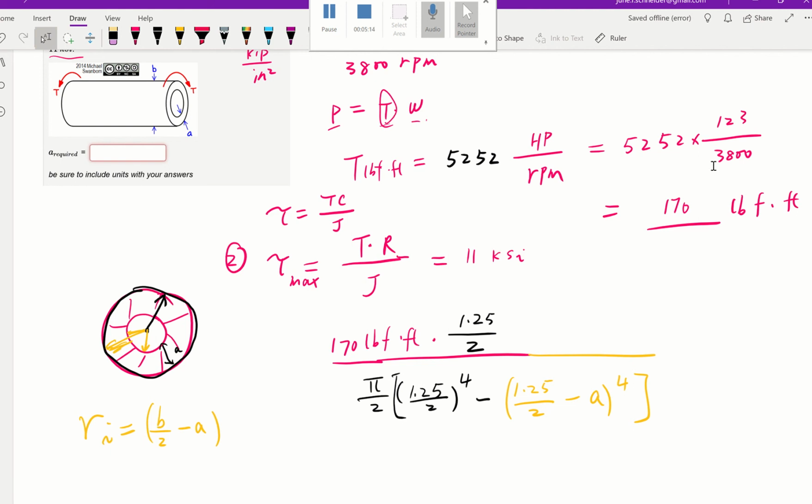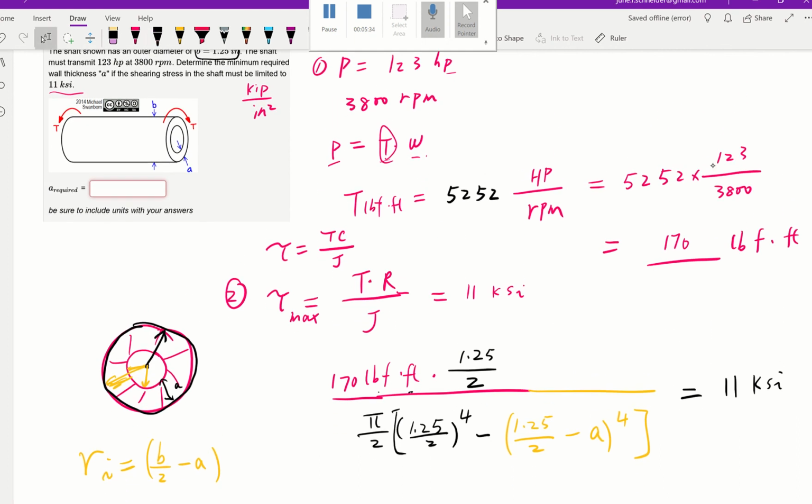All of that should give us a value of 11 KSI. Here I would encourage you to look at the units, because the units likely need to be fixed. The torque is in pound-foot, the radius is in inch, and J on the bottom gives inch to the power 4. Obviously, these units will not give us KSI.